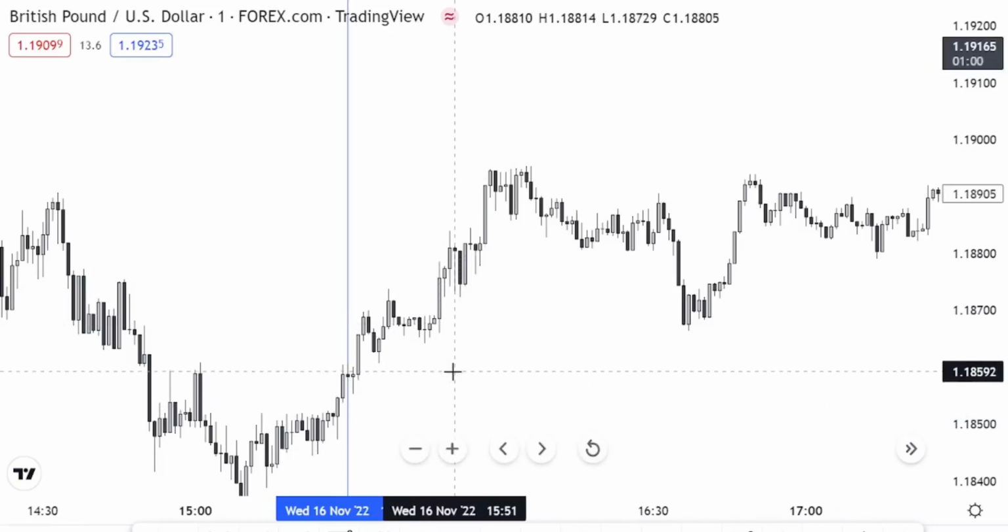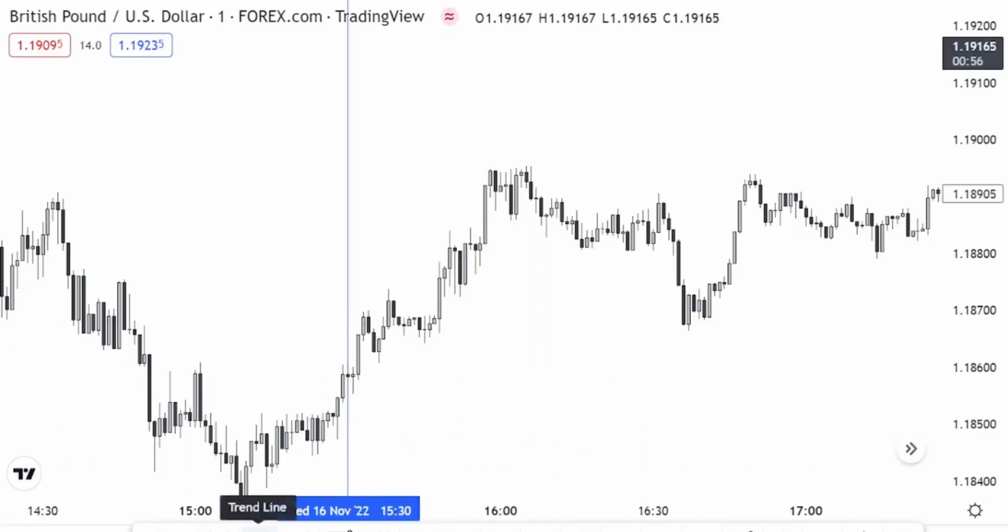The additional rule here is that you want to see a structure break, either a minor or a major structure break, but primarily I advise that you look for a minor structure break, because this is a scalping strategy. So you want to target 1 to 5, 1 to 10, and then get out of the market.